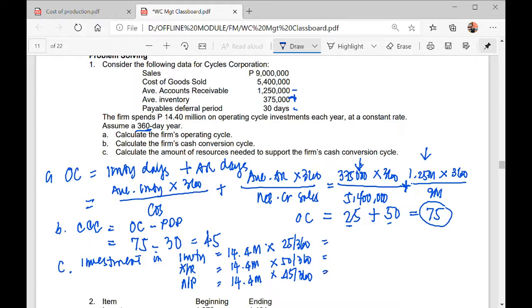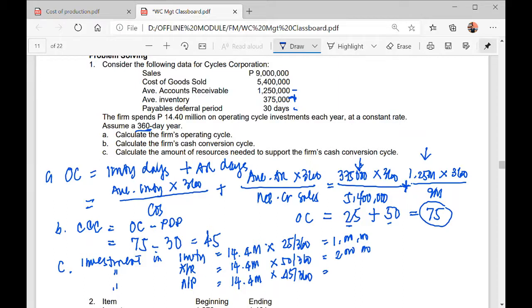So how much is the investment in inventory? That's 14.4 million times 25 over 360. How much? Kindly prepare your calculators. Okay, 1 million. Correct. Very good. How about the investment in AR? 2 million.